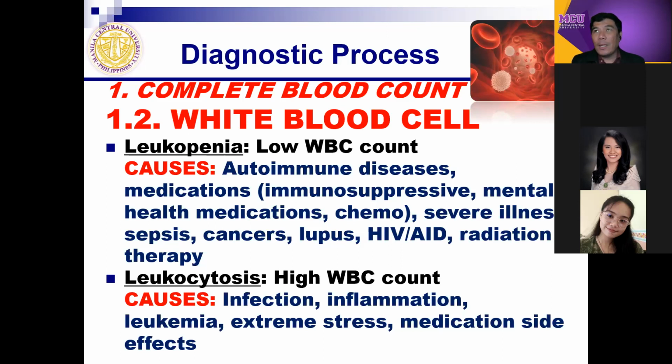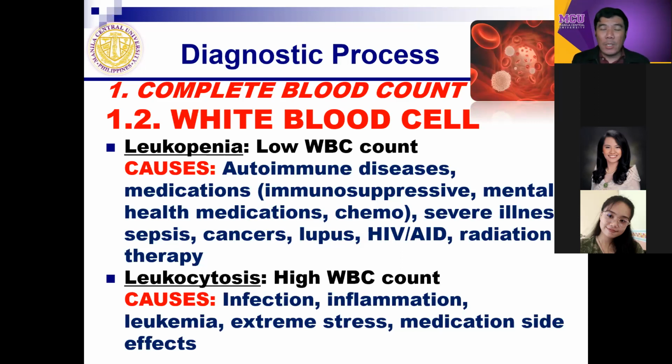Ang problem naman with the radiation therapy, nagko-cause din siya ng immunosuppression simply because it affects the normal cells, including the WBC count. So, think of it ha, pag mababa ang WBC, check nyo na agad ang medications, check nyo na agad ang mga autoimmune disease. So, yung mga autoimmune disease, ito yung mga nagkukos ng immunocompromised na disease. HIV, lupus, cancer, severe infection.